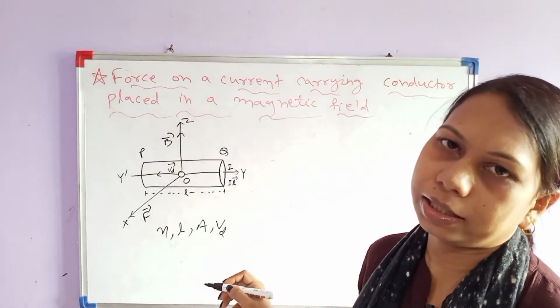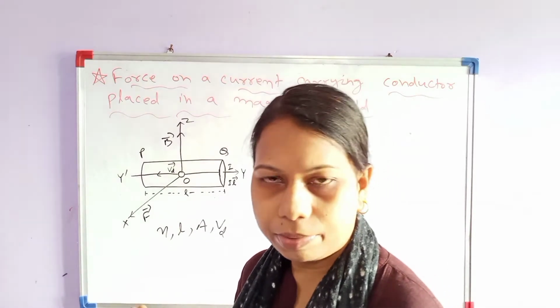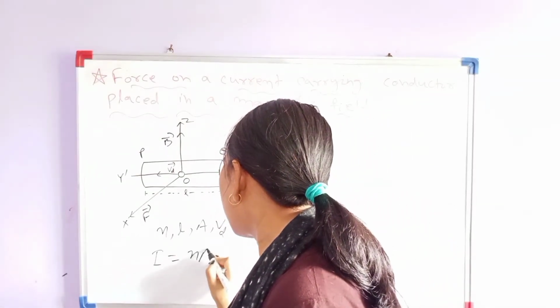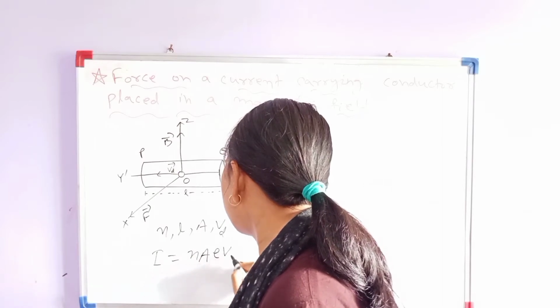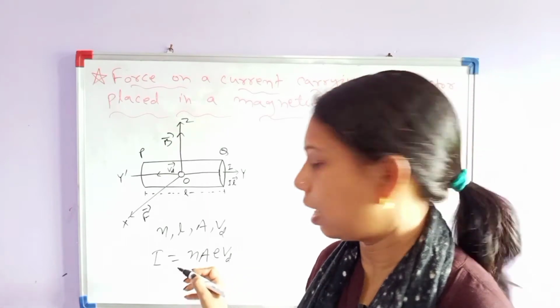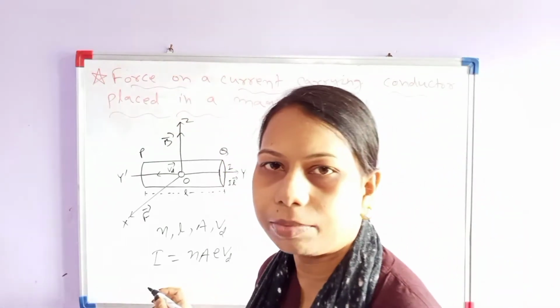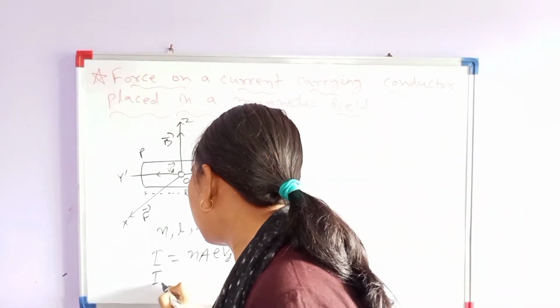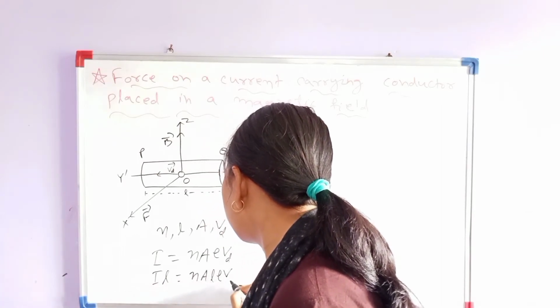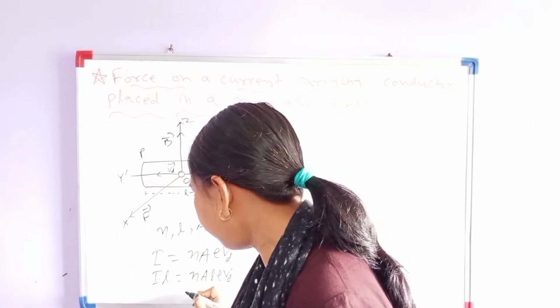We know the relation between drift velocity and current as I equals n A e Vd. Now multiply both sides by L, the length of the conductor. So IL equals n A L e Vd.